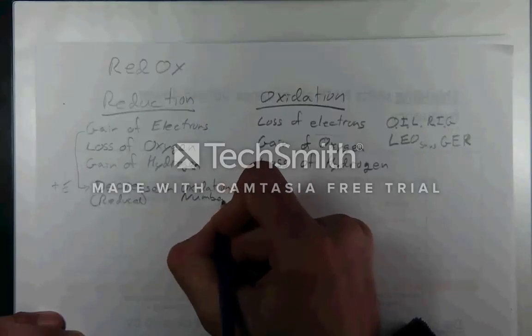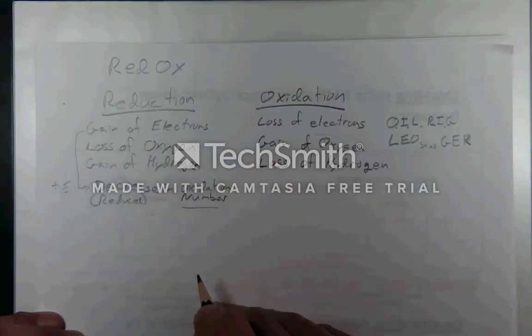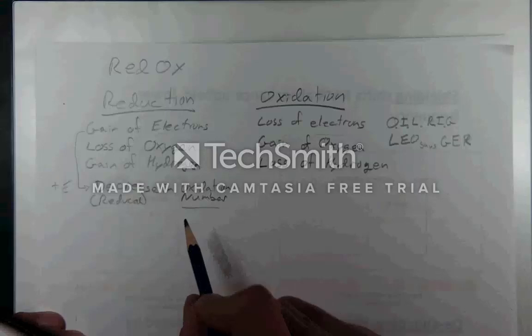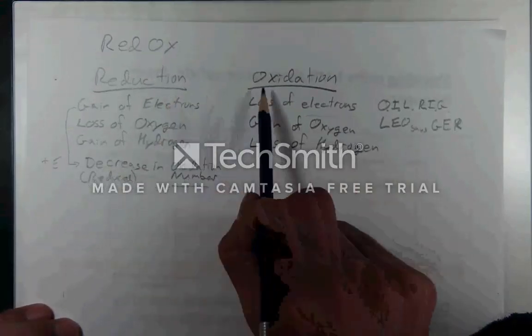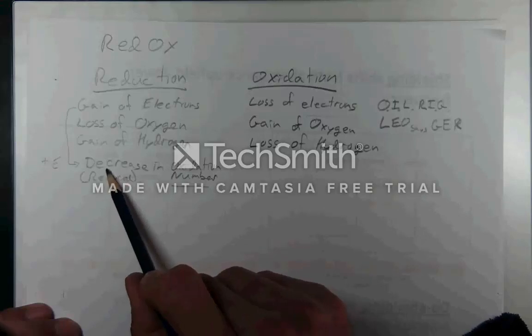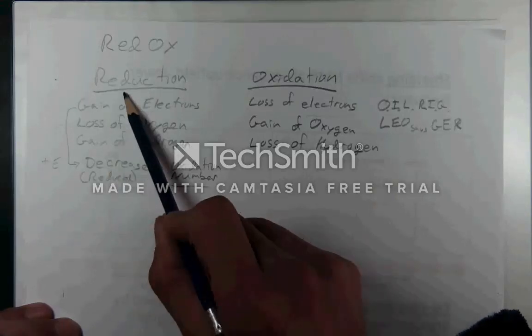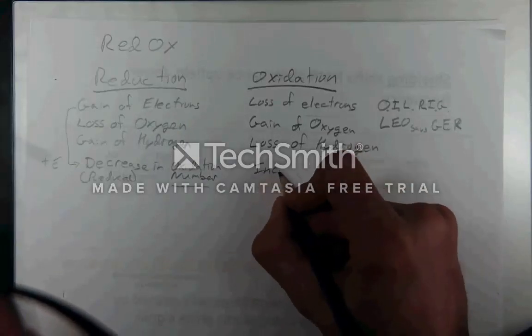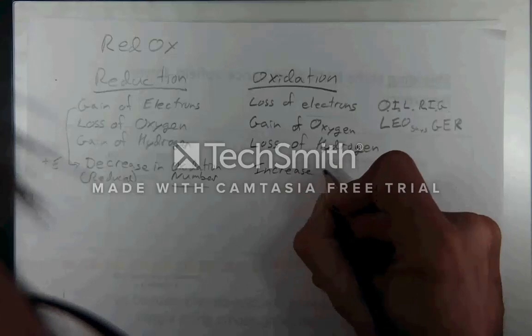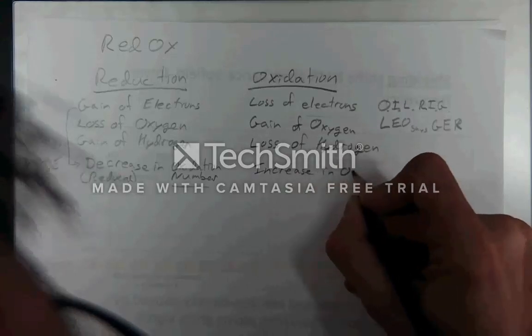If you're not sure what an oxidation number is, go back and look at those videos, or stay tuned, I'll explain it here as well. Because reduction and oxidation are opposites, if reduction is a decrease in the oxidation number, that's where we get the reduction from. Oxidation is an increase in the oxidation number.